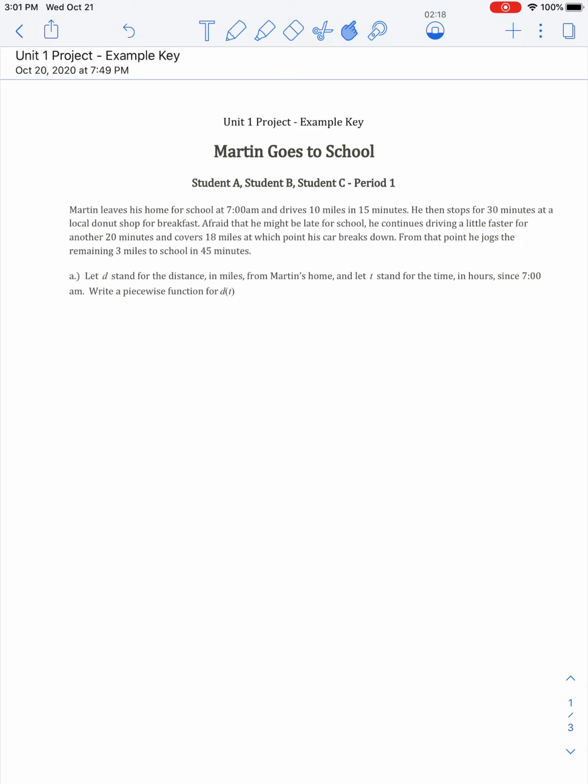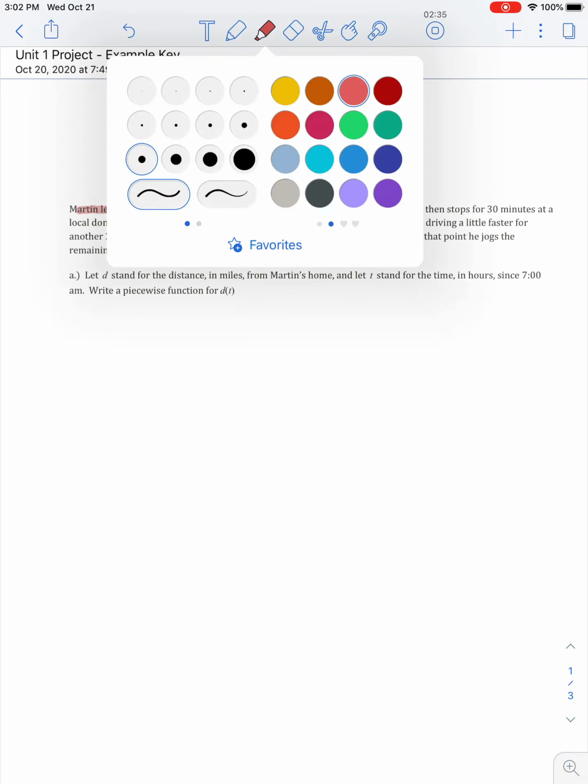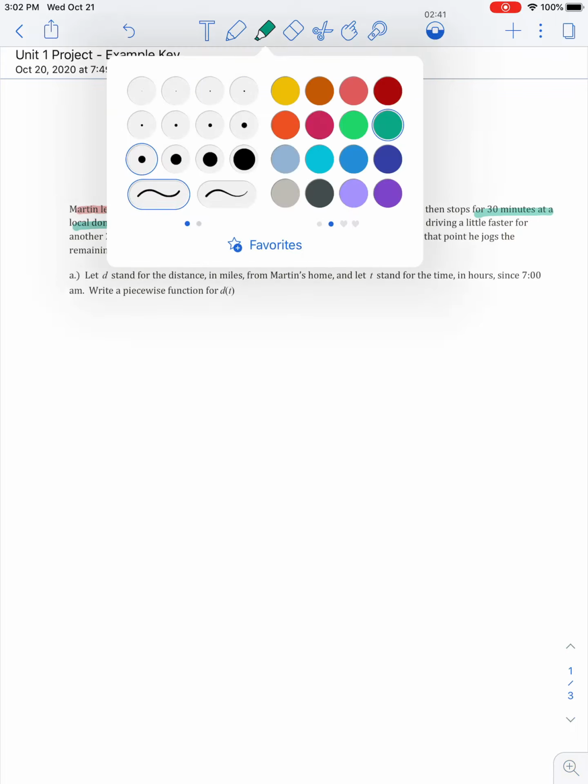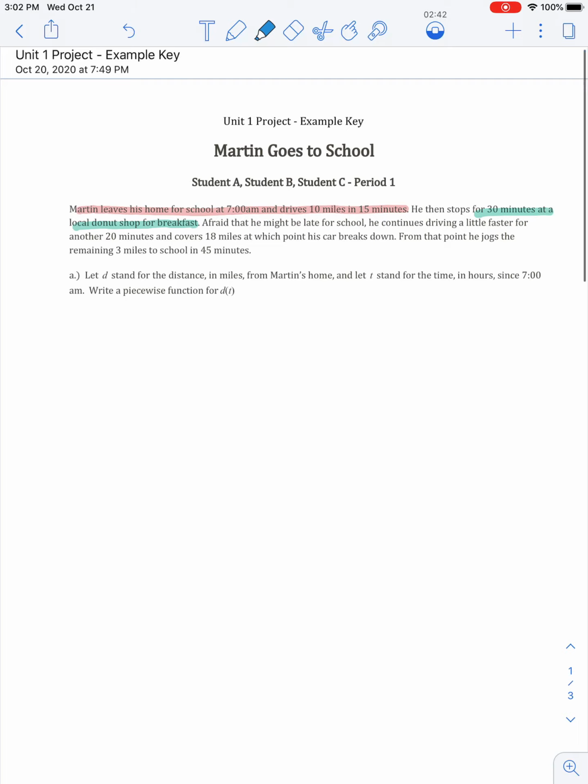So we're going to break down this piecewise function. We have a couple of different things happening as Martin commutes to school. So first and foremost, we notice he leaves his home for school at 7 a.m. and drives 10 miles in 15 minutes. He then stops for 30 minutes at that donut shop, panicking because he maybe spent too much time at the donut shop.